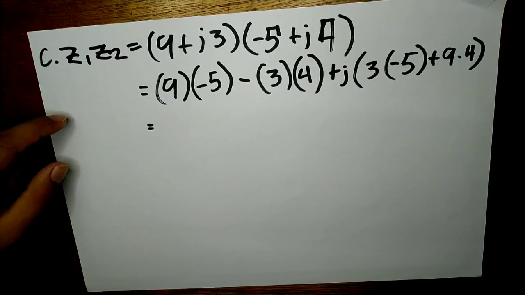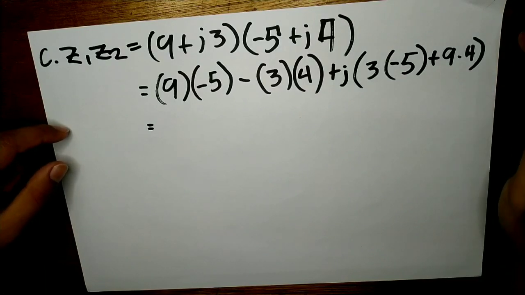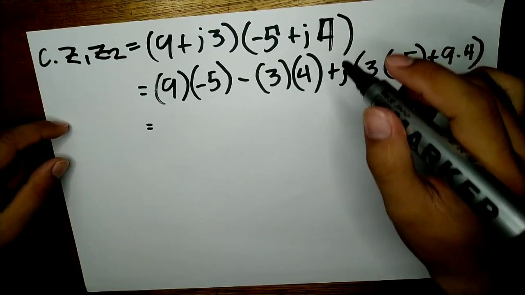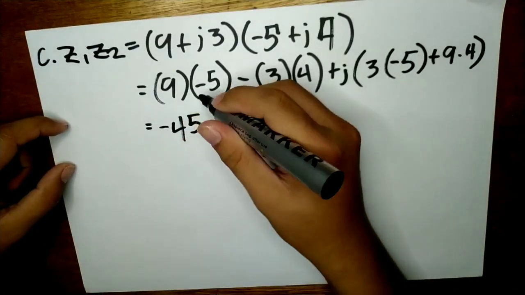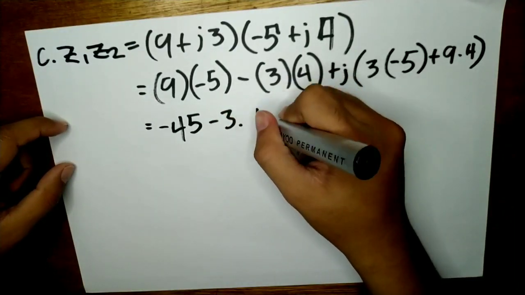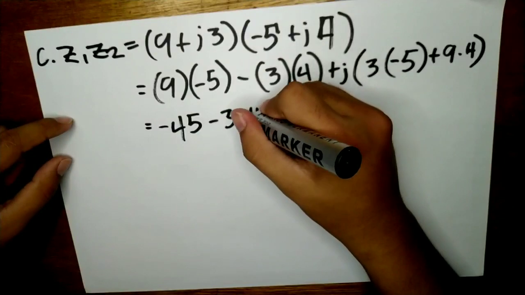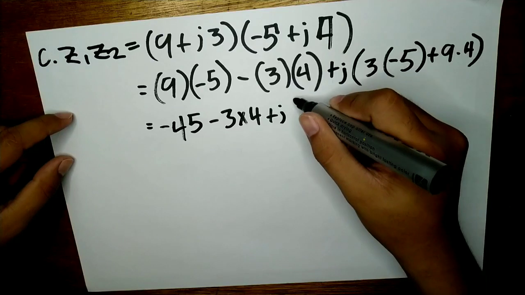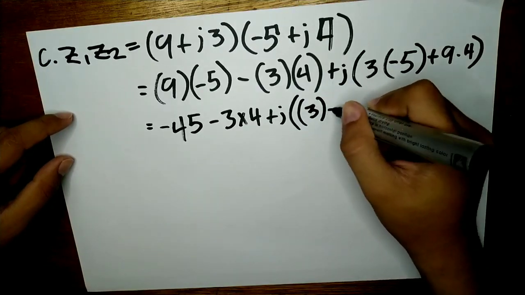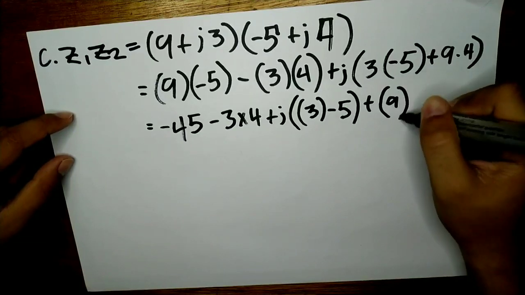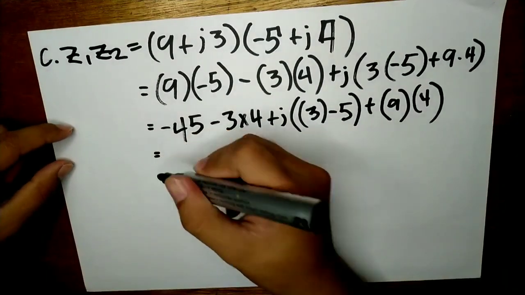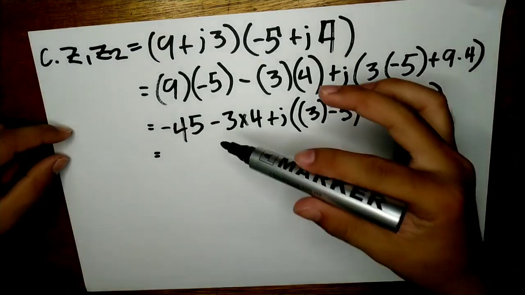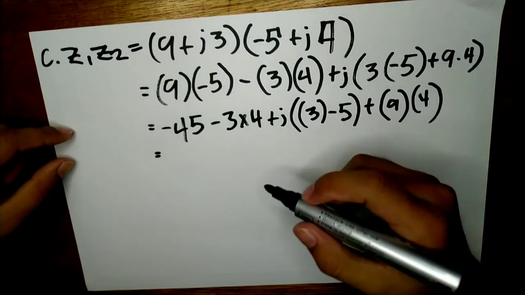Now, after that, of course, we need to simplify it by multiplying 9 to 5. So, it will result in this. And also, we need to multiply this 3 to 4. So, the result will be this one.